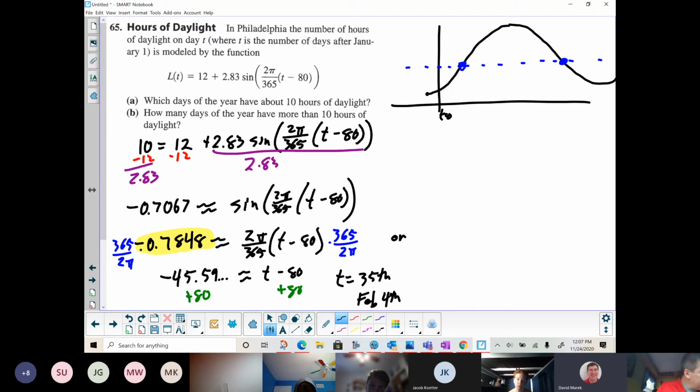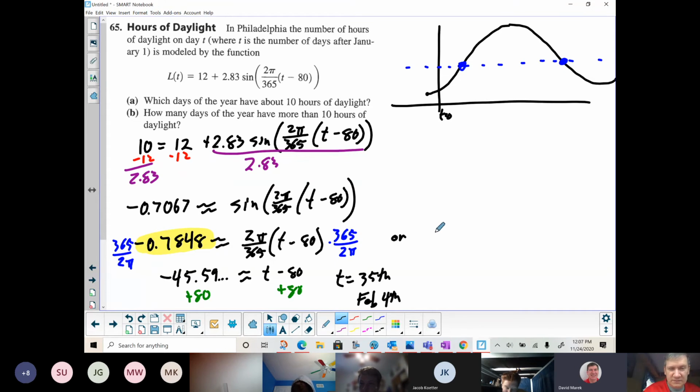And then we're going to have to deal with the messy numbers there. So let's see, for something in the third quadrant, we're going to take pi and add the, again, our reference number here is going to be the positive of 0.7848.